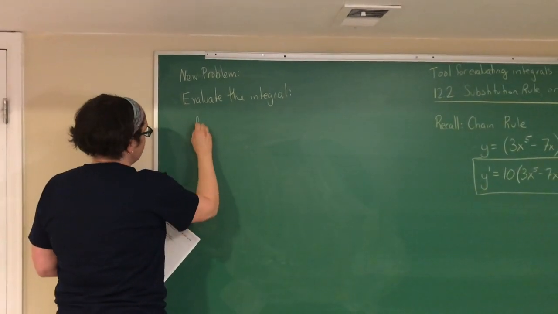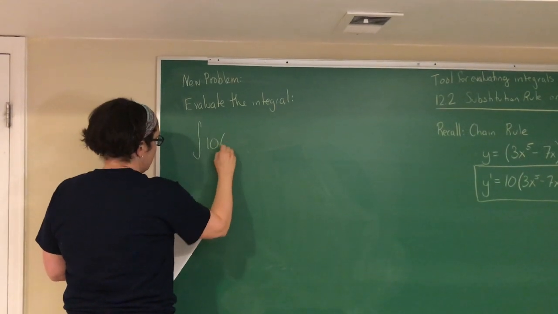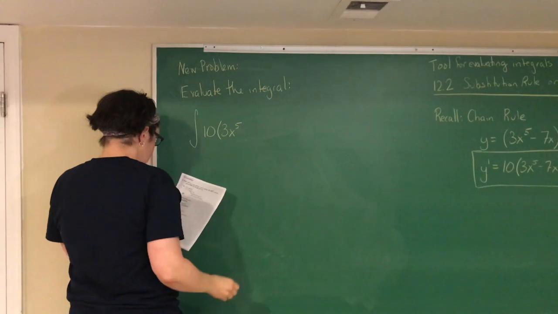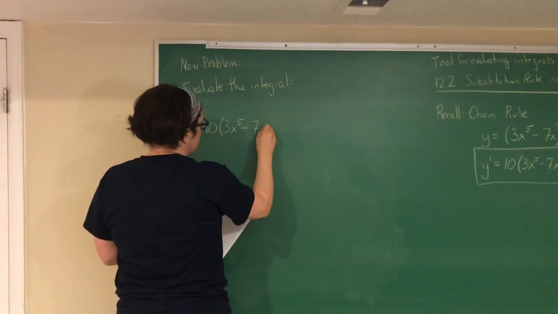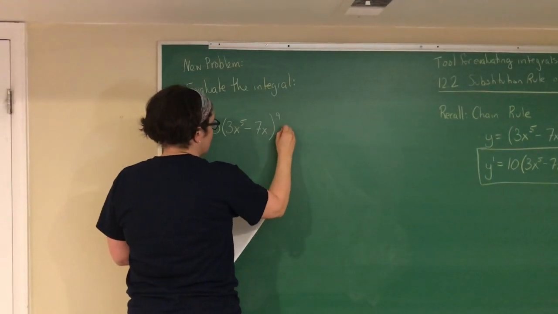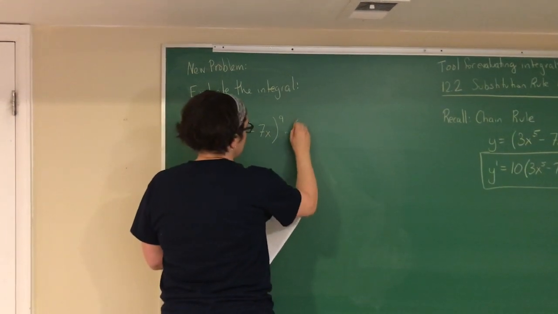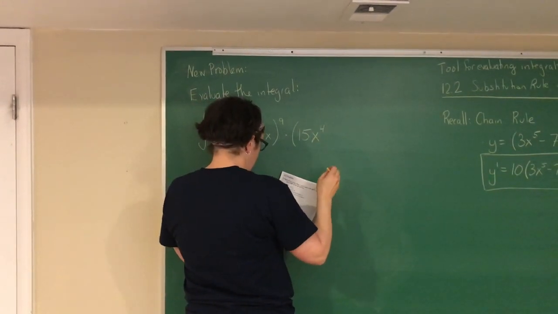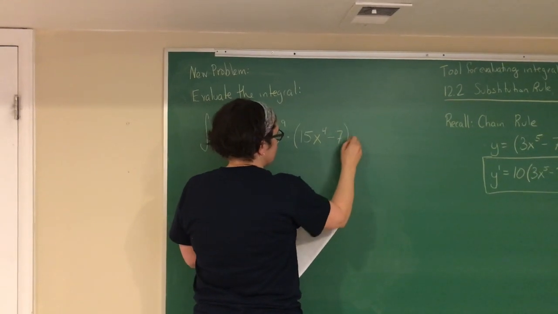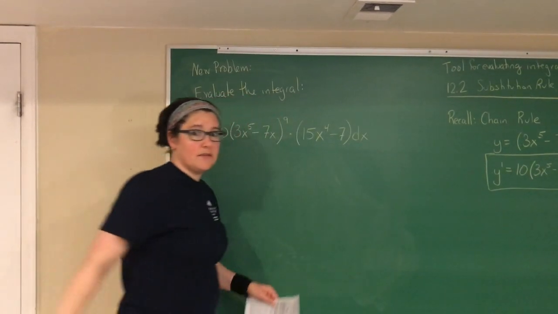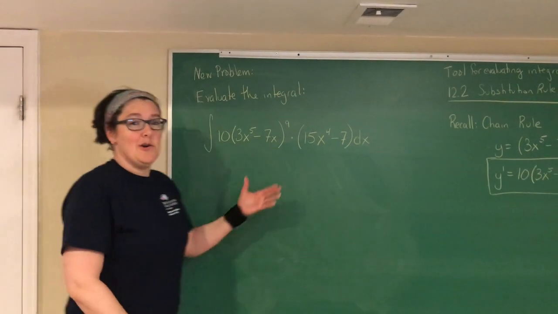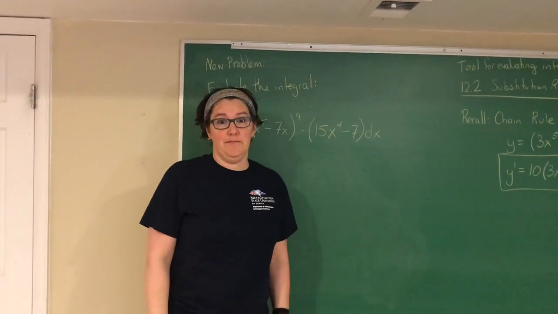And our integral is the integral of 10 times 3x to the 5th minus 7x raised to the 9th times 15x to the 4th minus 7 dx. Whew. All right, we want to evaluate this integral.